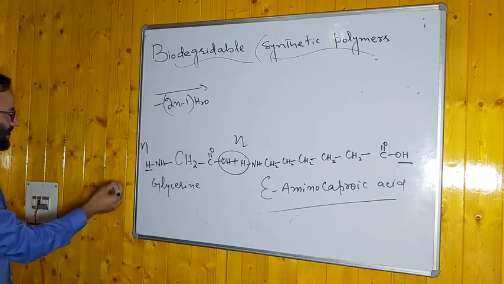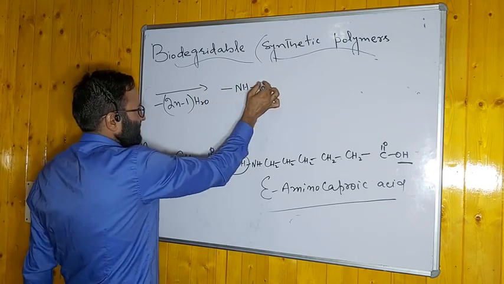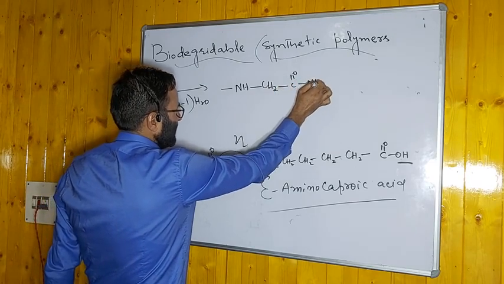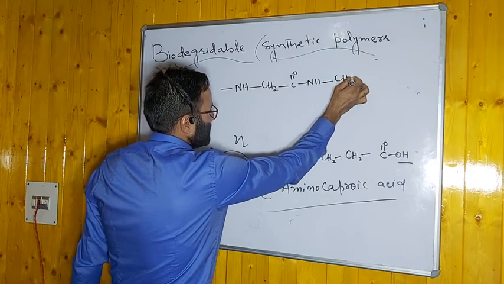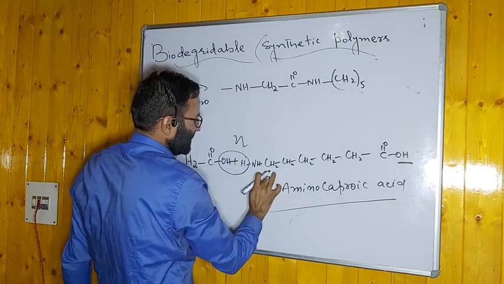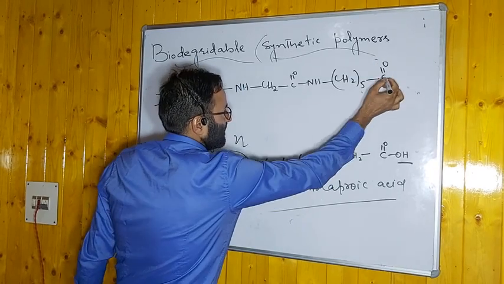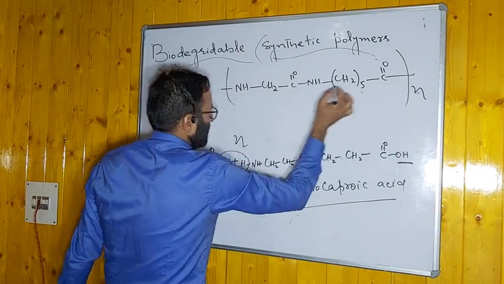And what we will have now, you will have NH, this one, you will have CH2, you will have C double bond O NH, it is a polyamide, C double bond O NH, then you will have CH2 how many times? 5 times, 1, 2, 3, 4, 5, then at the end you will have C double bond O. It is the nylon 2, nylon 6 copolymer.